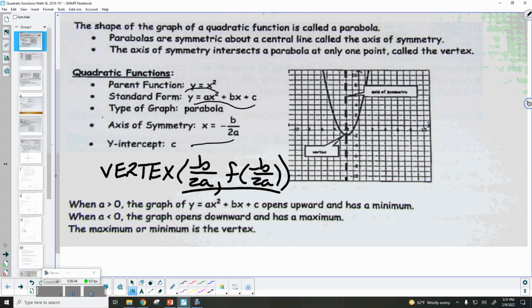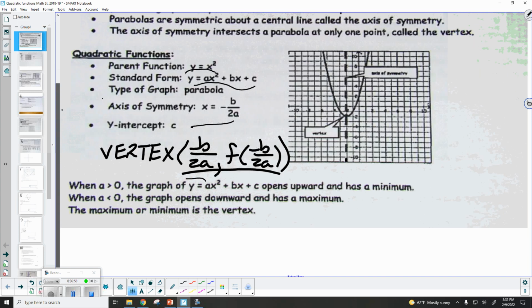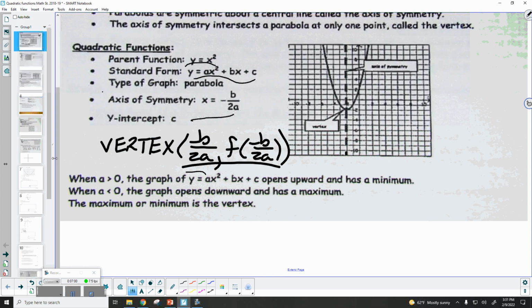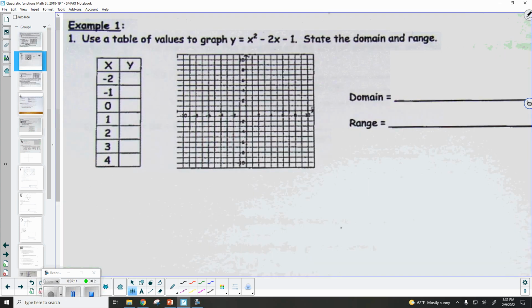Because the axis of symmetry cuts down the middle and touches the vertex, your vertex is at x equals negative b over 2a, and then whatever that plugs into for y. So if you're all familiar with that. Whenever a is greater than 0, it's positive, so it opens upward. Whenever it's less than 0, it's negative, so it opens downward. It can't be 0, because then it would be a linear function.